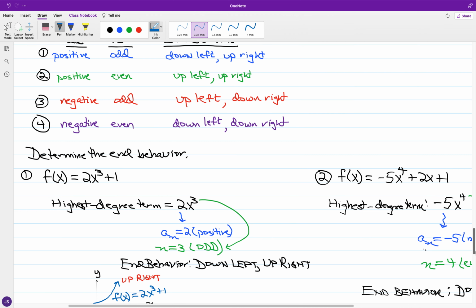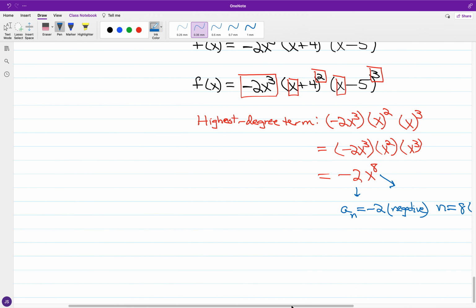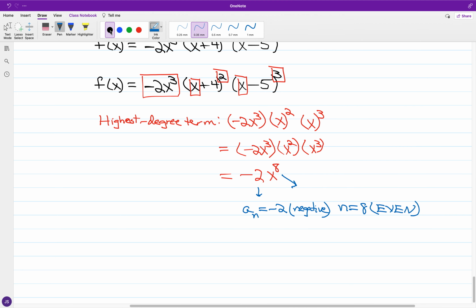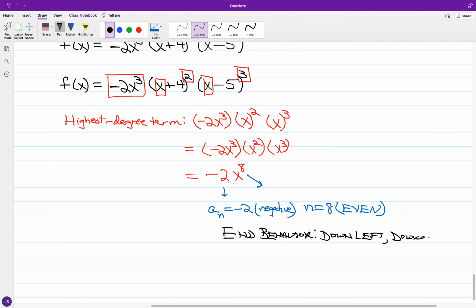So the end behavior you have down to the left and down to the right. Okay, so that's going to be the end behavior.